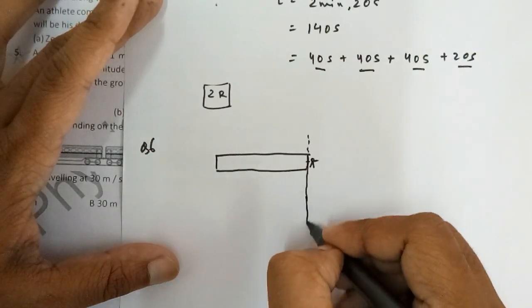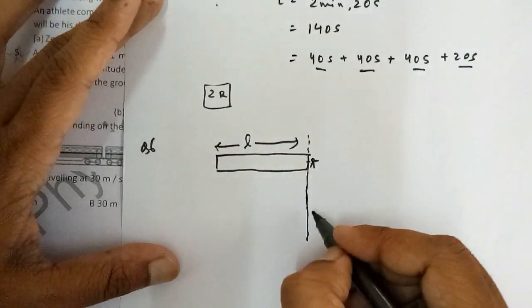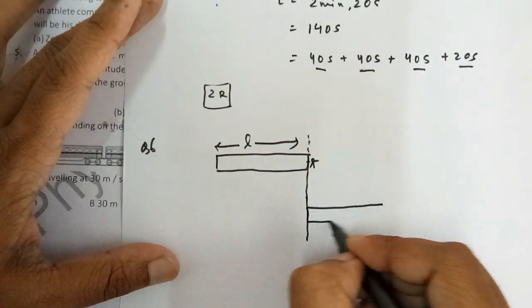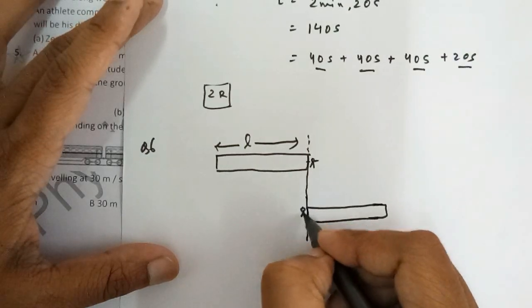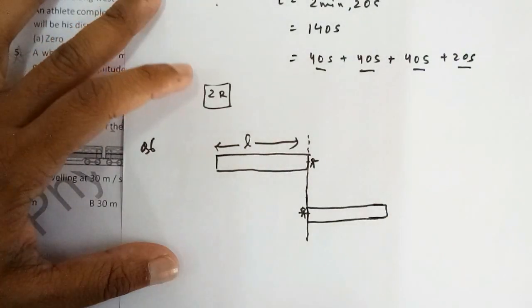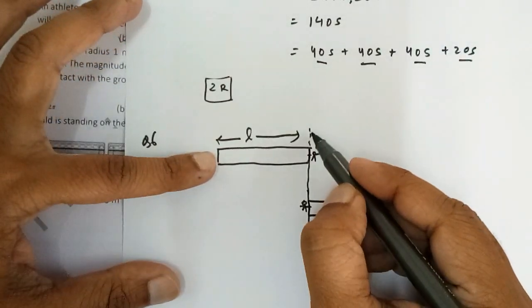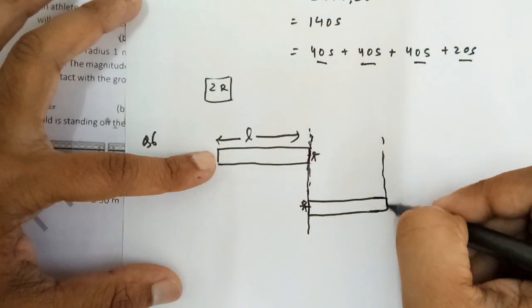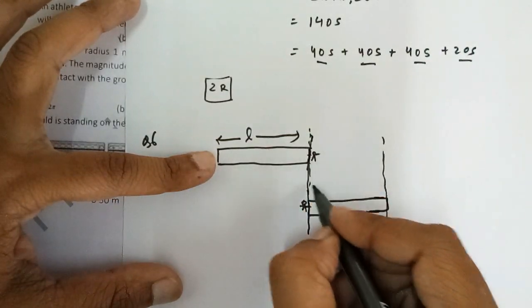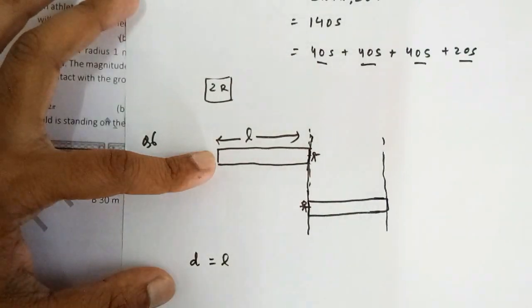And the complete train, the length of this train is L. So this complete train passes by the person. So the distance is always calculated from front to front or back to back. Now the front is over here, was over here. Now the front is over here. So the distance traveled by the train is itself equal to the length of the train, right?